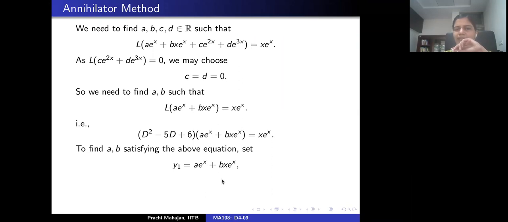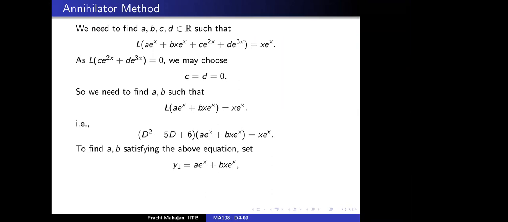So basically, the choice of the candidate function would be the linear combination of the solutions of the annihilator, because we are anyway going to ignore the homogeneous contribution, since that will lead to 0. So what is one required to do? You look at the equation ALy equal to 0.